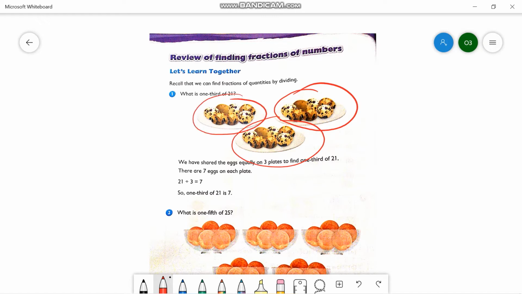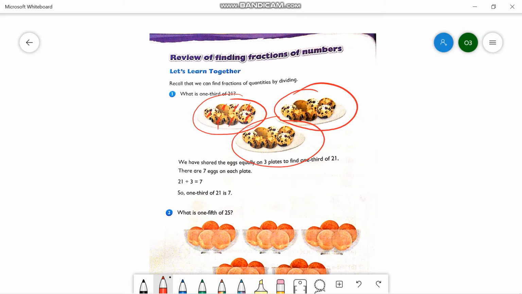So we have shared the eggs equally into 3 plates to find 1/3 of 21. How many eggs are there on each plate? Let's count. 1, 2, 3, 4, 5, 6, 7. So there are 7 eggs in each plate. So 1/3 of 21 is 7.